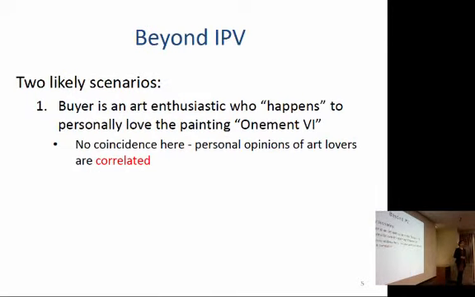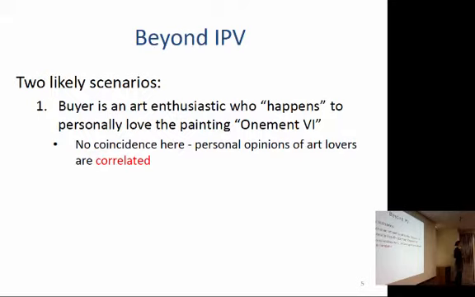So I want to give 2 explanations to what's going on in this high-stake auction. So here's one scenario. The person who bought the painting for $43 million is an art enthusiast. His value does depend on how much he loves the painting, but he happens to really love the painting so much that he's willing to pay this high price.